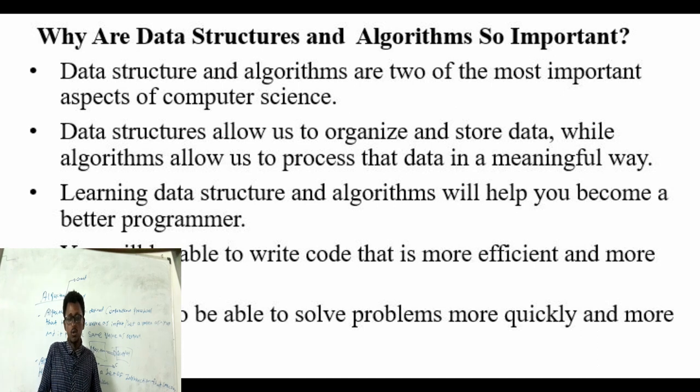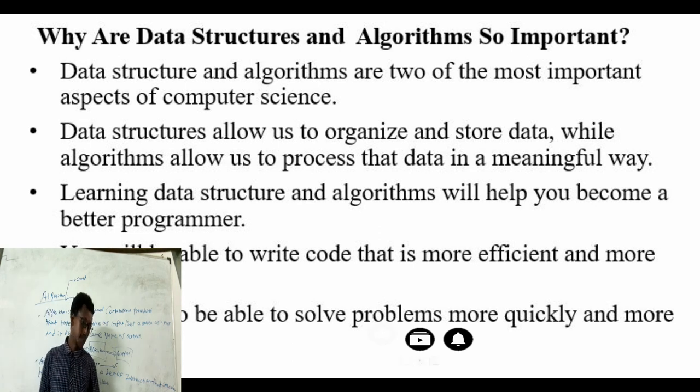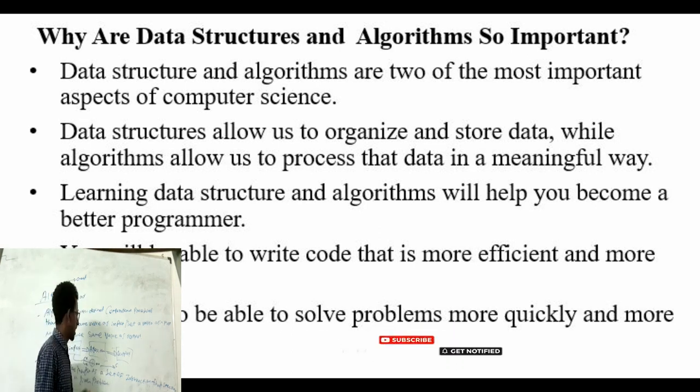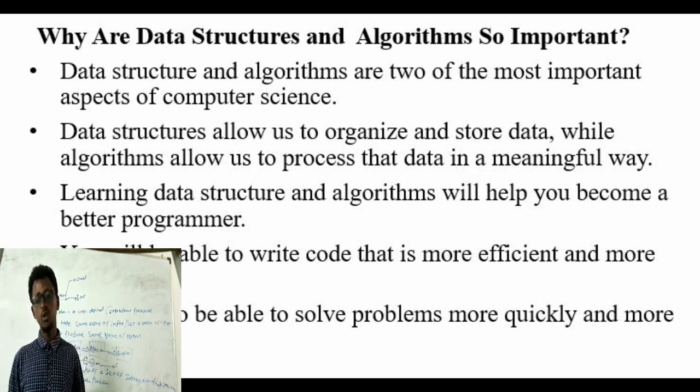Well, because we are dealing with data, we are dealing with the procedures or the sequence of steps to manipulate the data. So data structures are very important. If we say that they are important to design a model or to solve a problem, what is the importance of data structures and algorithms?